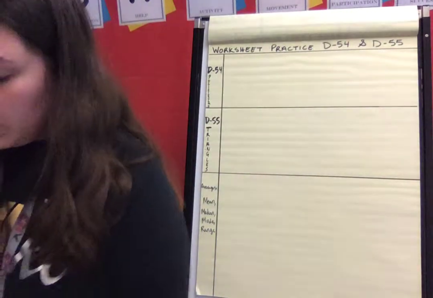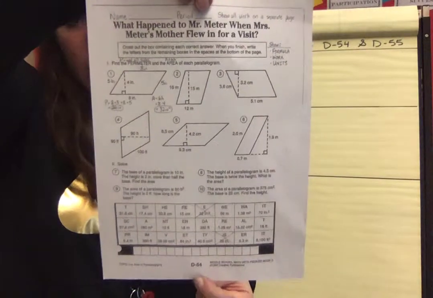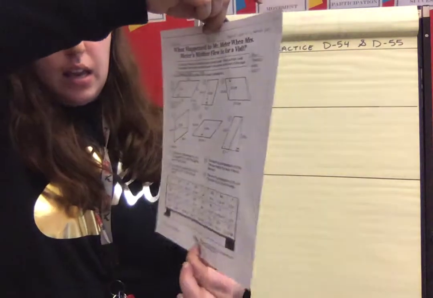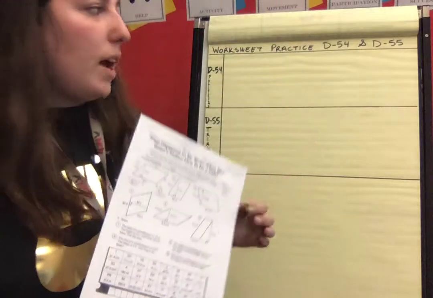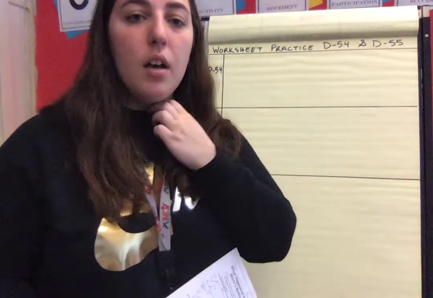Okay, the first worksheet we are going to look over is this one right here. This one is D54, okay? They have letters and numbers at the bottom labeling the worksheets. That's why I've labeled it Worksheet Practice D54 and D55.